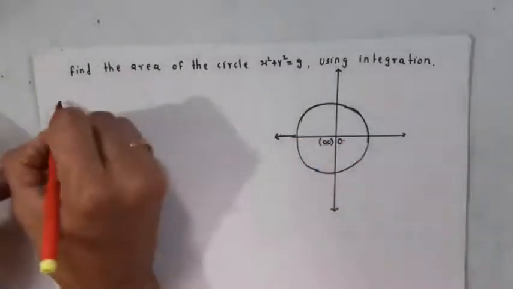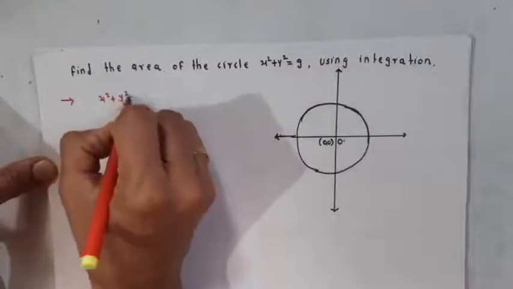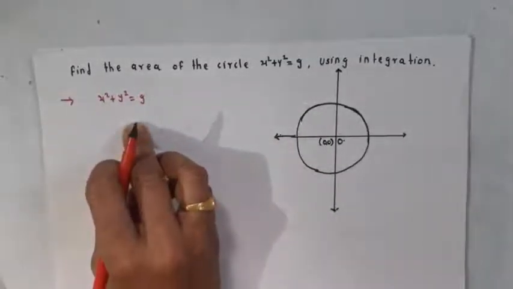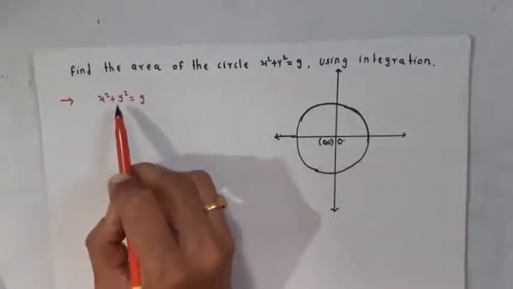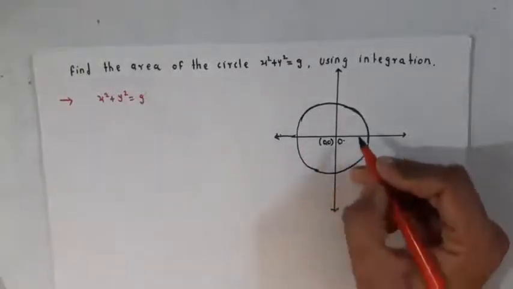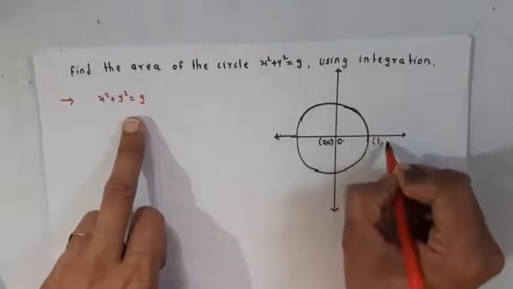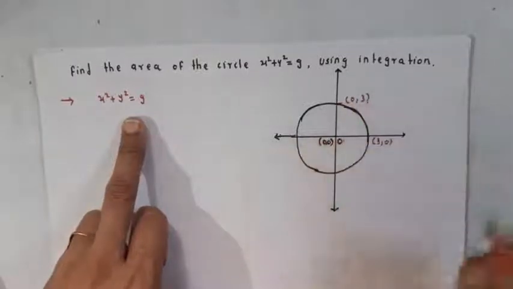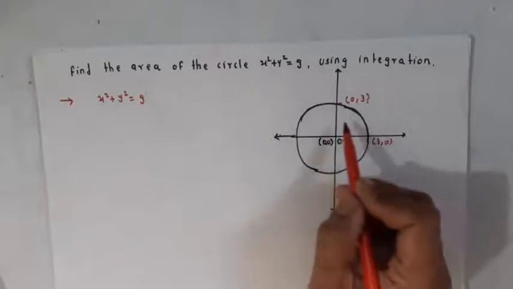The equation of the circle is given, x square plus y square equal to 9, which is the standard form, meaning its center is at the origin and the radius is 3. Suppose this is 3, 0 and here the coordinates are 0, 3.